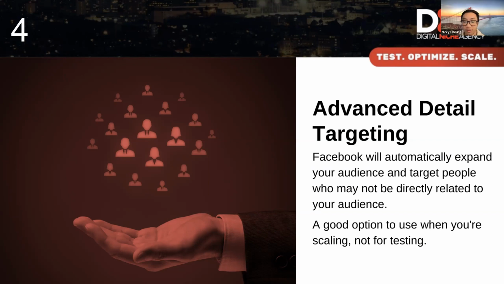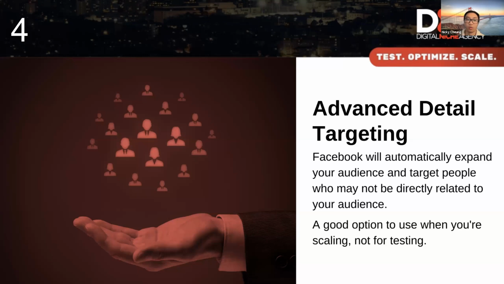Yeah, and then the advanced detail targeting we can use actually as an option on Facebook, where what it does is Facebook basically automatically expands your audience and will target people outside of your intended targeting. So this is what I found to be a good option to use when you're scaling, where you have a bigger pool of people to show your ads to, but not really for testing.